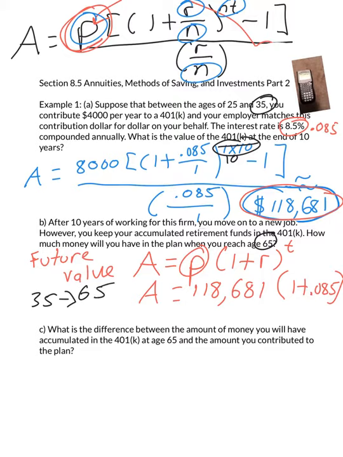So from 35 to 65, we'll just simply subtract. 65 minus 35 means 30 years. So 30 is our exponent. That's how long that money is just going to sit in the account for, from age 35 to 65, so 30 years. So then just type it into your calculator just like that.